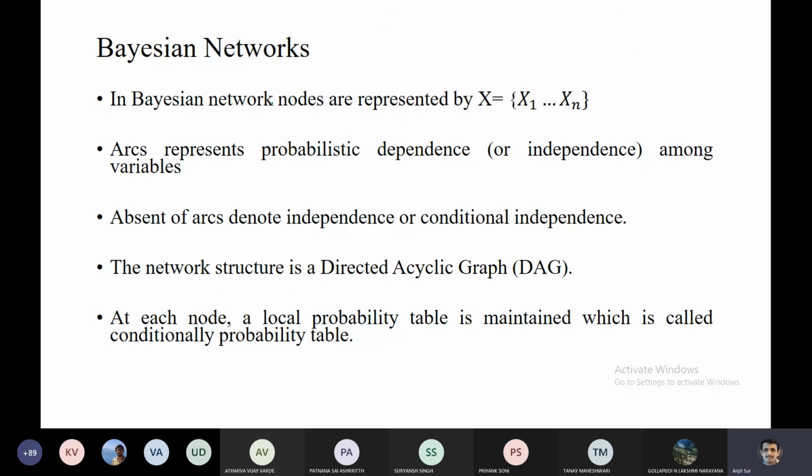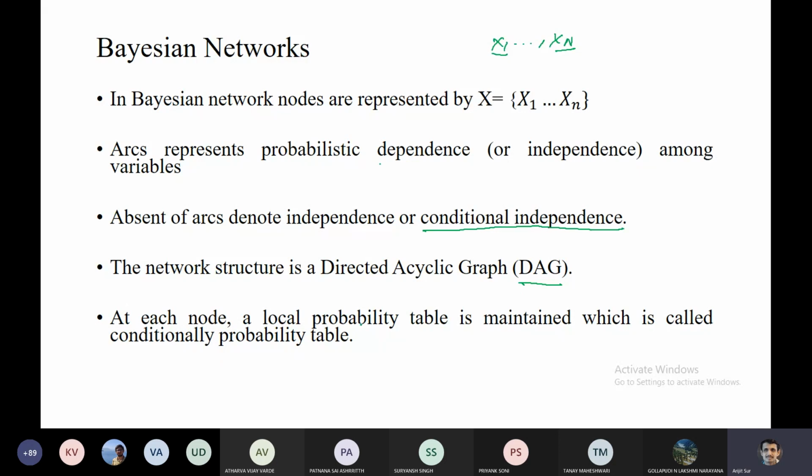In the Bayesian network, nodes are represented by X1 dot dot dot Xn. These are all the different nodes. Arcs depend on probabilistic dependence or independence among the variables. Absence of an arc denotes independence or conditional independence. Then this network structure is a DAG. This is the formal Bayesian network.